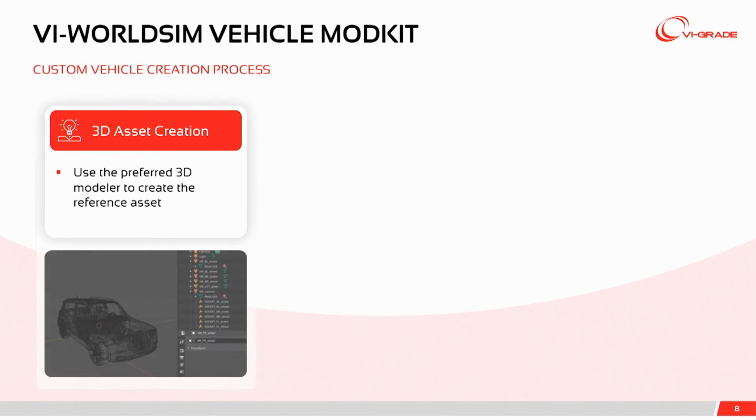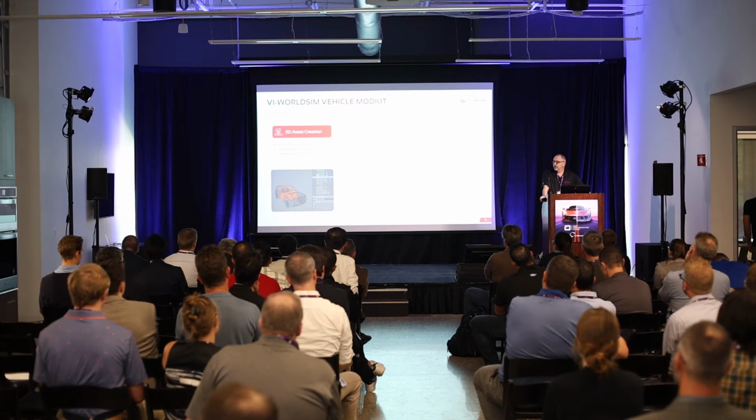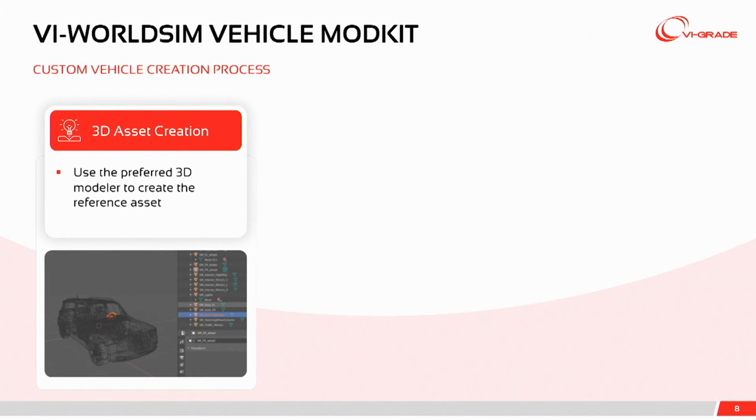Next up is the vehicle mod kit for WorldSim. So in WorldSim, we introduced in this version the ability to build your own vehicle models. You may have seen that also on the VR demonstration, that the interior of the vehicle is part of that experience that gets presented.